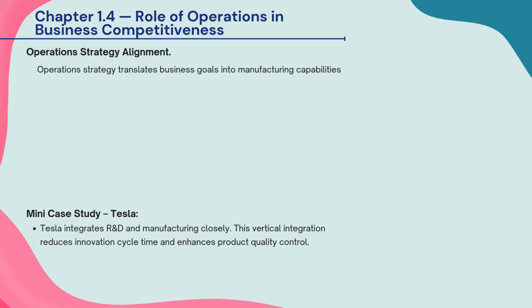And for quality leadership, they strengthen systems such as TQM and ISO 9001. A strong illustration comes from Tesla, where close integration between R&D and manufacturing shortens the innovation cycle and gives the company tight control over product quality, aligning operational capability directly with strategic intent.